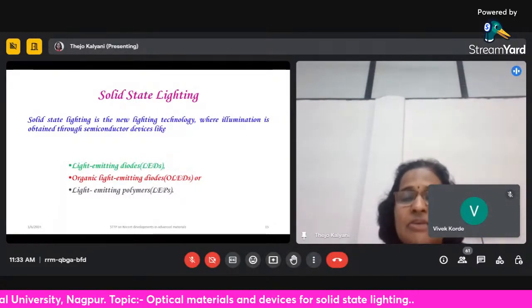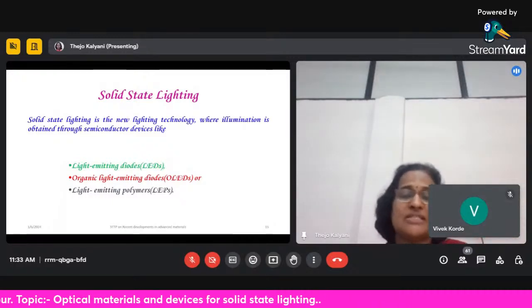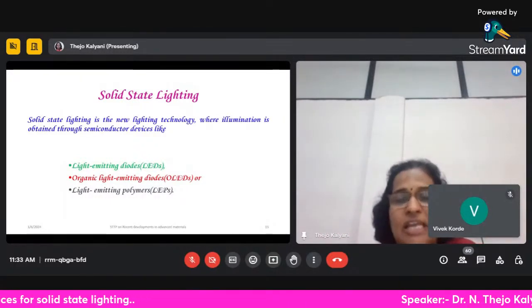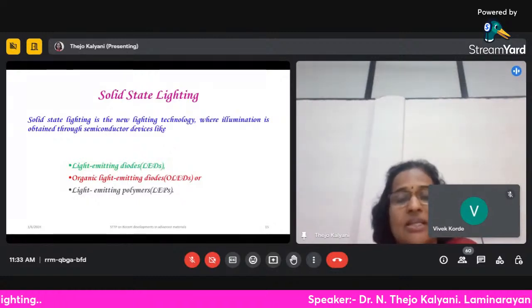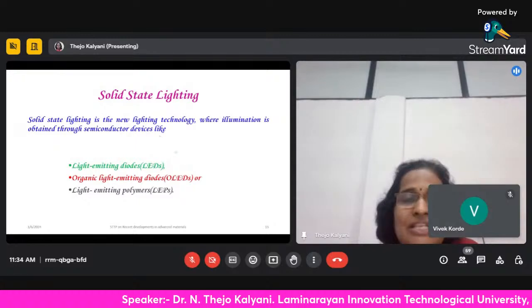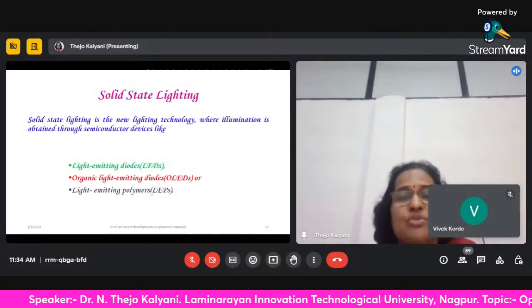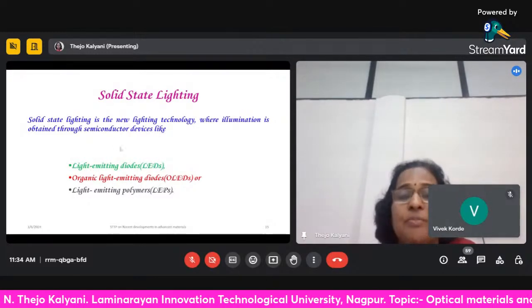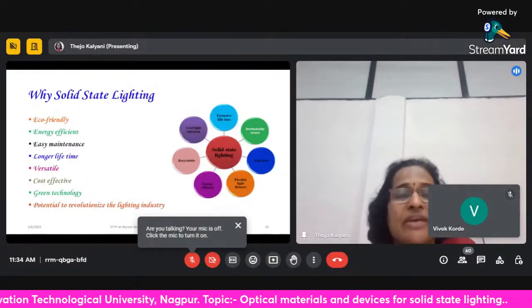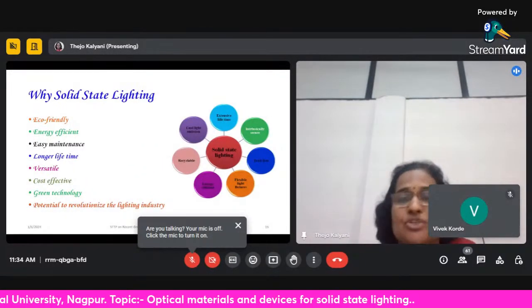Even the organic light emitting diode is a solid state device because here too we are using semiconductors. Even some polymers are like semiconductors, and hence we call all these devices solid state devices, and the lighting obtained from these devices is known as solid state lighting. Now let us try to understand why we are interested in solid state lighting.